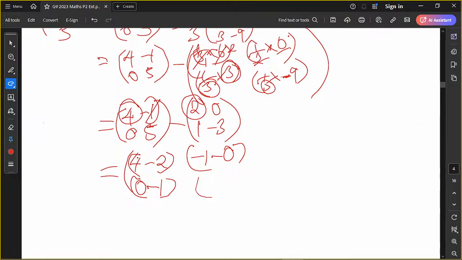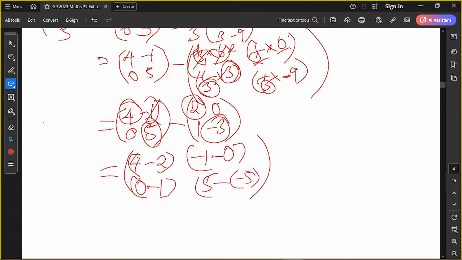Then here we have 5 minus negative 1. Like that.